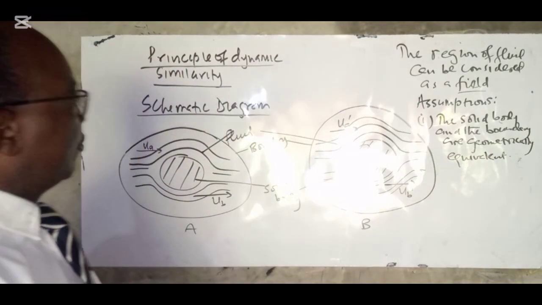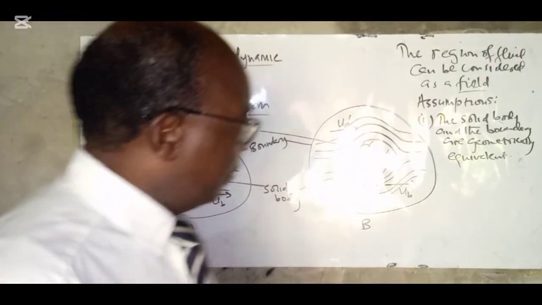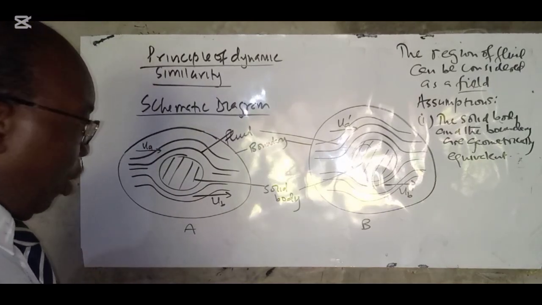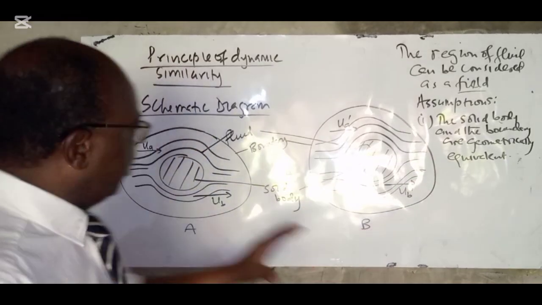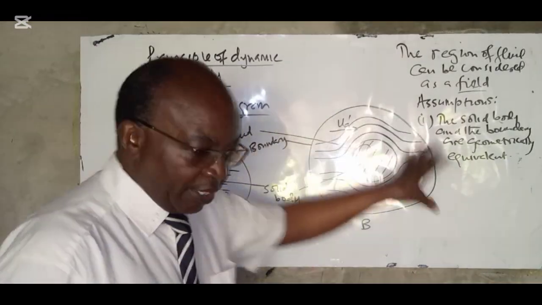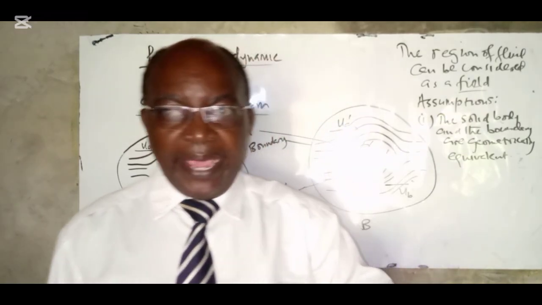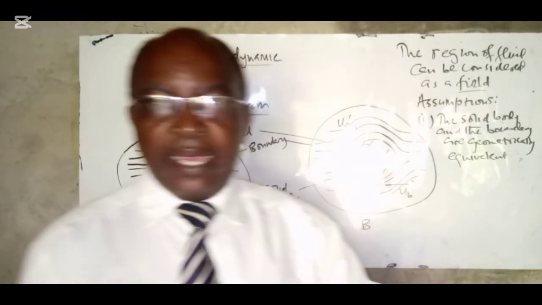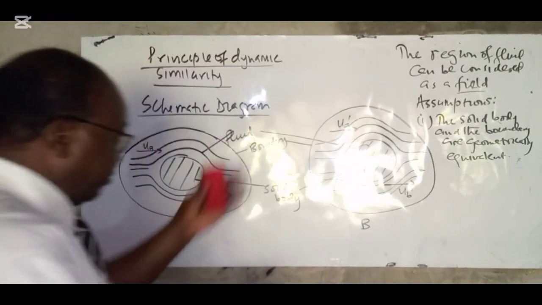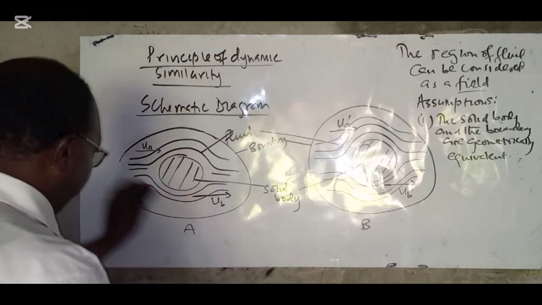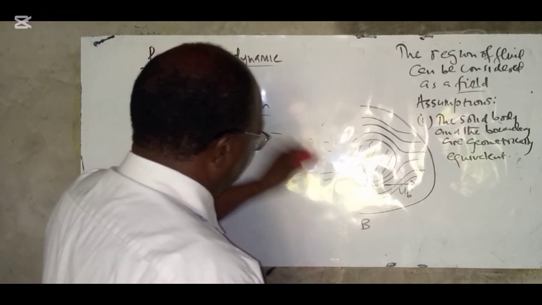Of course, when you're talking of geometry, we are basically talking about their shapes, their mathematical shapes. Secondly, we are assuming that the velocity around the boundaries are the same, both in their size, that's the magnitude, in their direction, and in terms of the turbulence configuration. We have seen this diagram, you have it in your mind now, so we don't have to redraw it again.